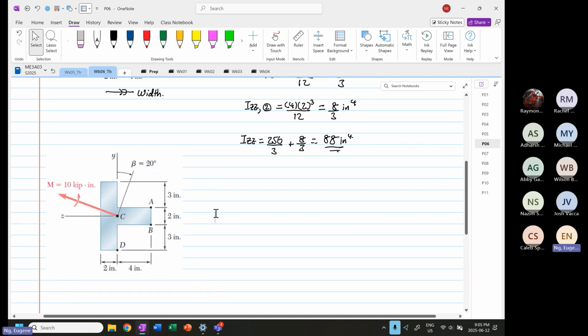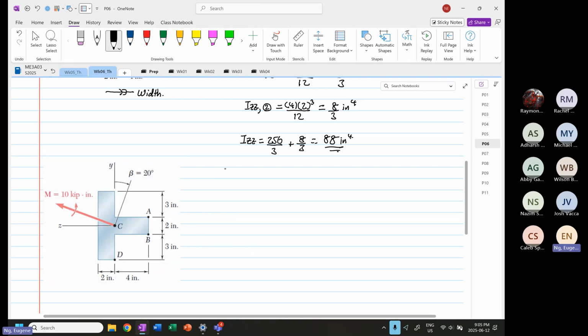And then the next one, we have to find IYY. Before we find IYY, we have to find the location of the centroid, the big Z bar, and then we can use it for IYY.